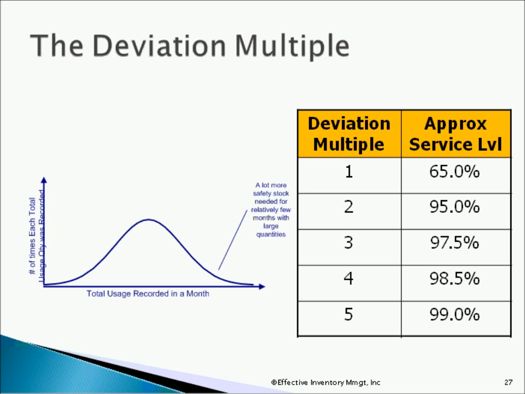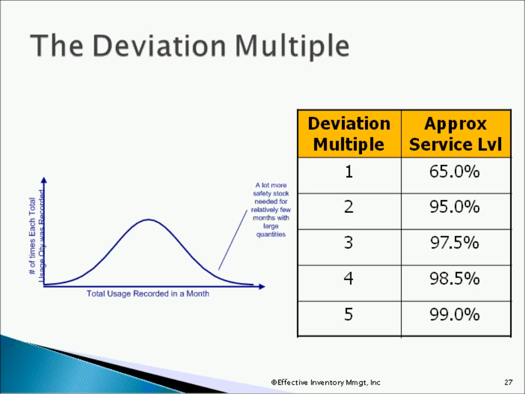Now, I don't have time to go into how these numbers are derived, but if you look at it, the percentage increases in the service level get smaller and smaller and smaller, even though I keep adding the same amount of safety stock to my inventory. Why did they get smaller?